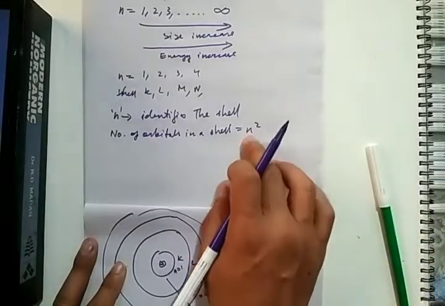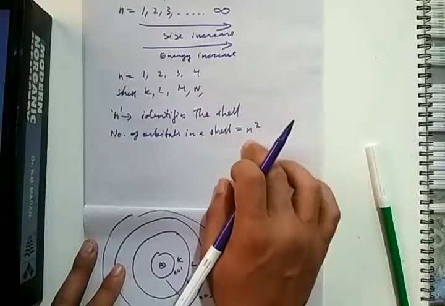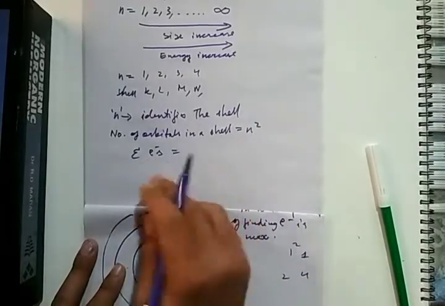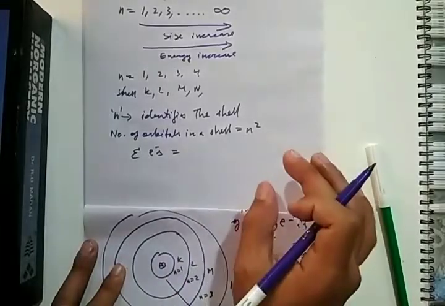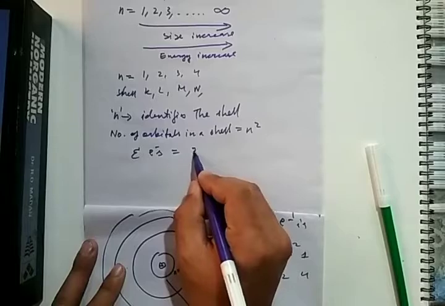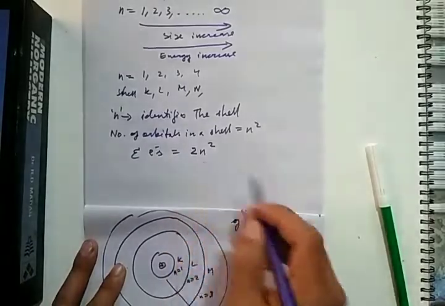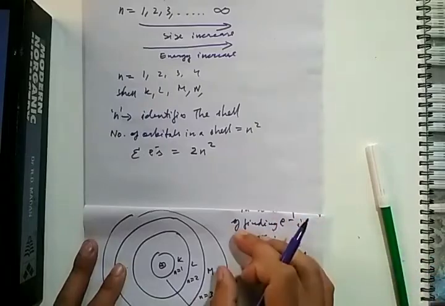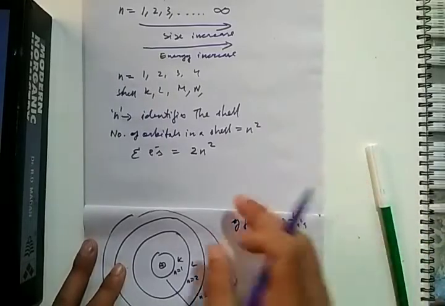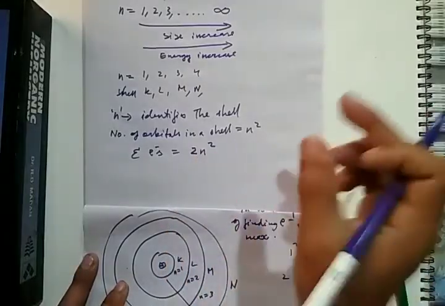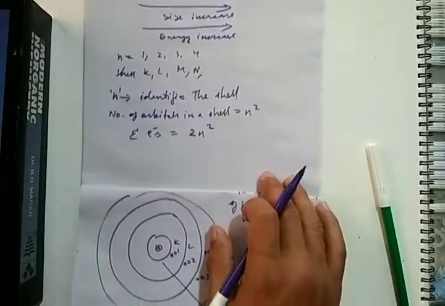And for electrons, how many electrons are present in that shell, the formula is 2n square, 2 into n square. This formula will give how many electrons are present in that particular shell.